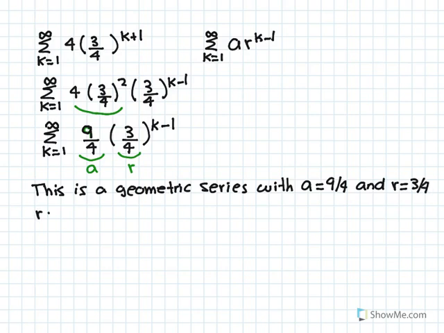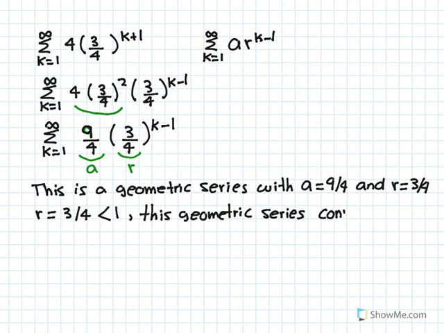And since r equals 3 over 4, the magnitude of the common ratio is less than 1, so this geometric series converges with the sum s equal to a divided by 1 minus r.